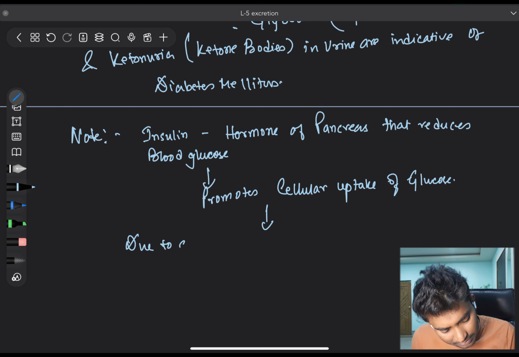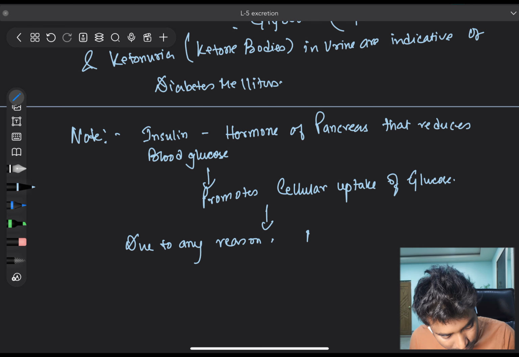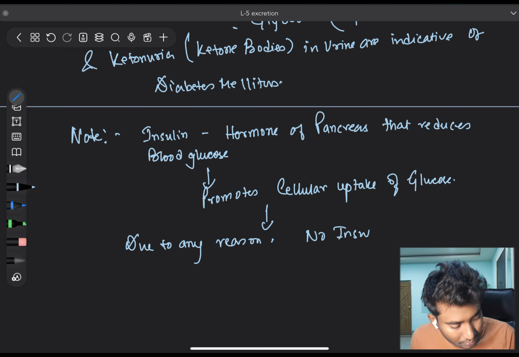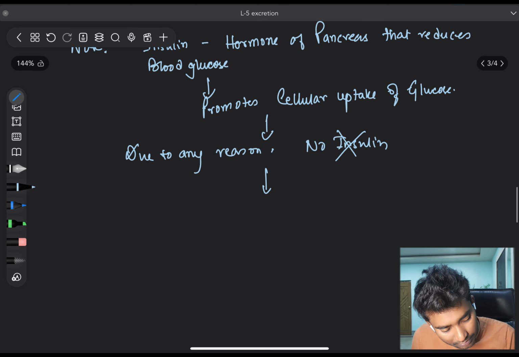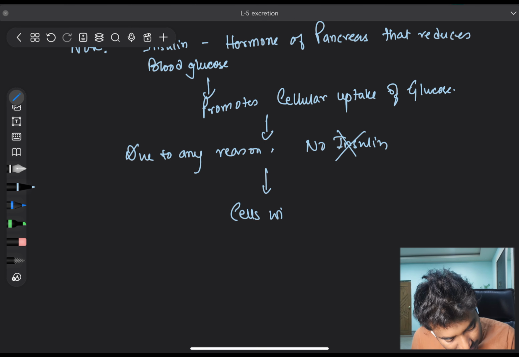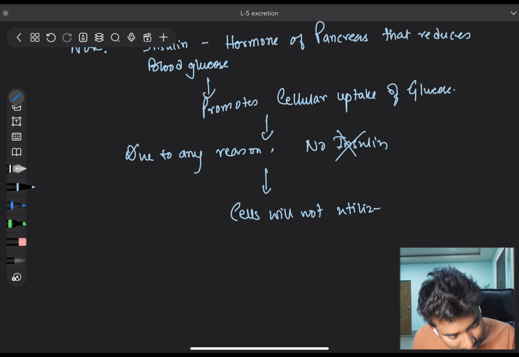So due to any reason, if no insulin production happens, what happens? Cells will not utilize glucose.